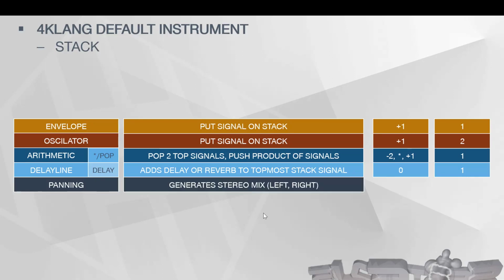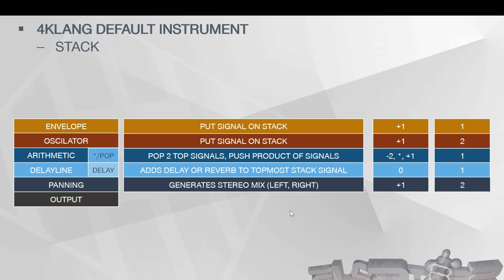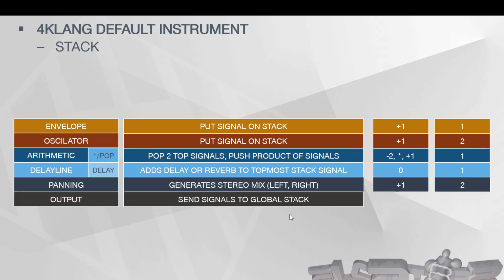Then we have the panning, which will generate the stereo mix for left and right. So this will add another signal, because now we have 2 signals on the stack, and one is used for the left channel and one is used for the right channel, which then is sent to the output unit, and this sends this complete signal to the global stack, like said before, according to what you have said there, how much of output, how much of auxiliary.